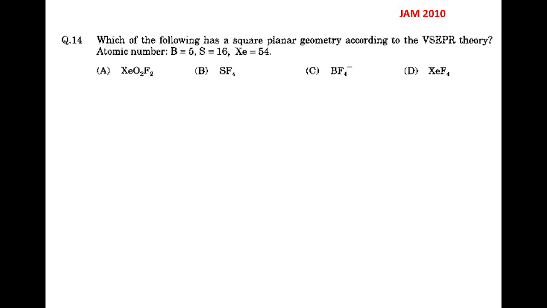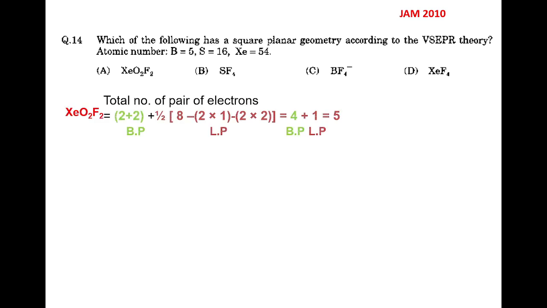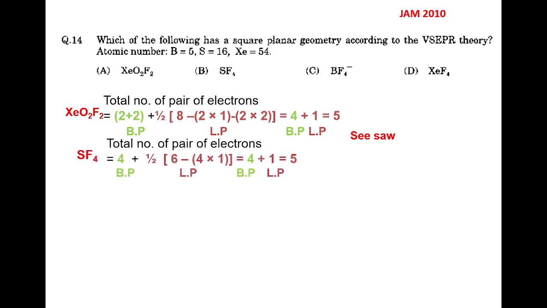Next question is, which of the following has square planar geometry according to the VSEPR theory? We have XeO2F2, SF4, BF4 minus, XeF4. By using the same formula, in case of XeO2F2, we have 4 bond pair, 1 lone pair. So total 5 and the shape is seesaw. In case of SF4, we have 4 bond pair, 1 lone pair. That is also seesaw.